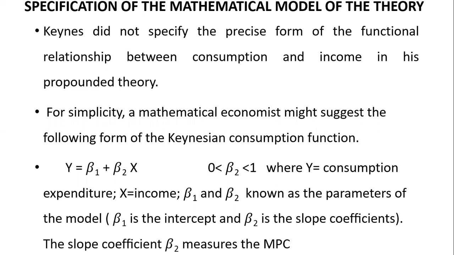Y is consumption expenditure, X is income, and beta 1 and beta 2 are known as the parameters of the model. Beta 1 is the intercept, while beta 2 is the slope coefficient. The slope coefficient measures the MPC, that is, the marginal propensity to consume.